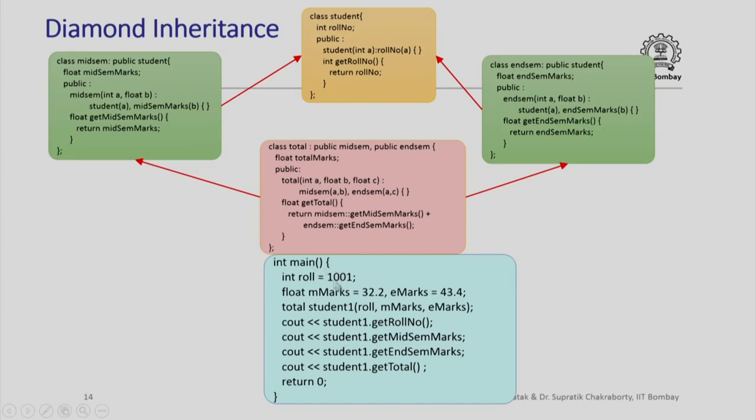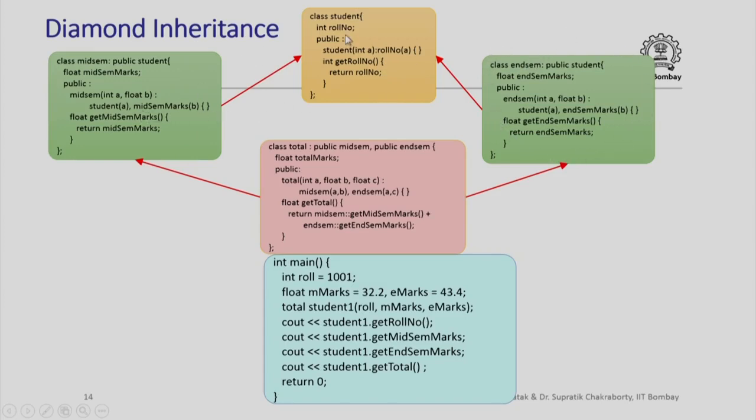and in my main program I am going to instantiate an object student1 of class total. Because it is derived from both midsem and endsem, this object will have an object of class midsem and an object of class endsem within it.